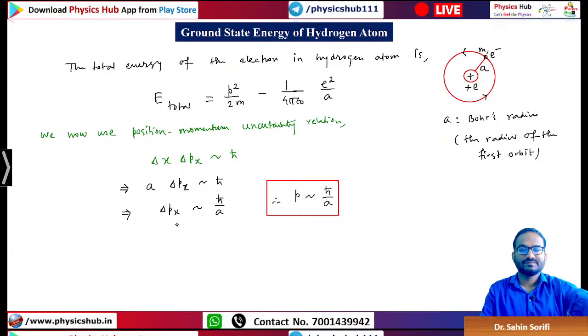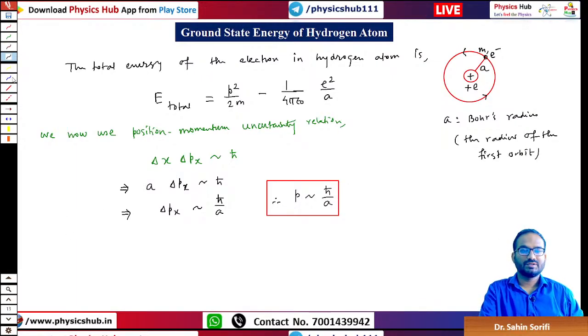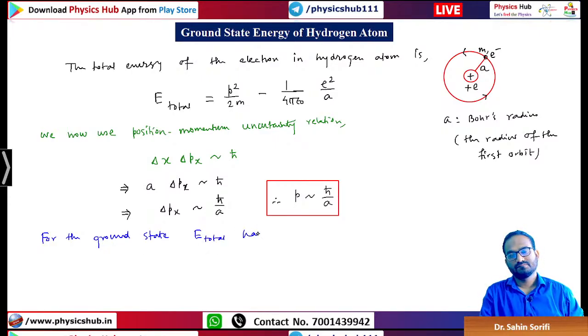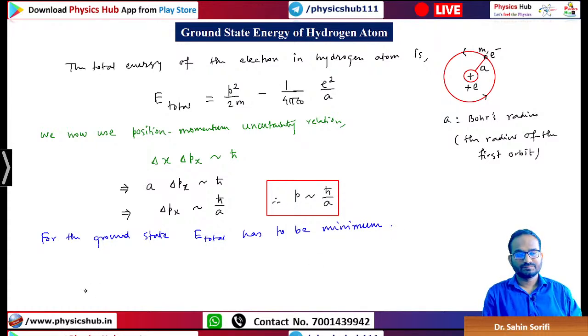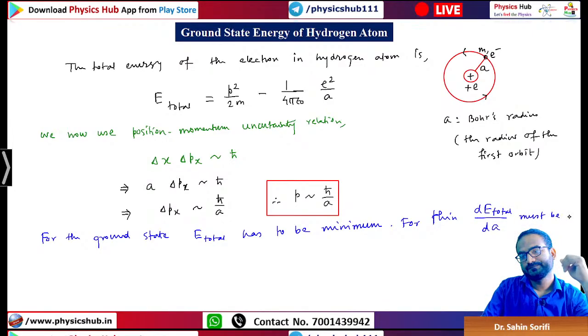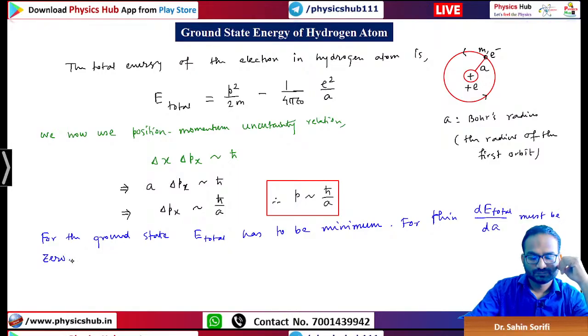So let's plug this into the expression of energy for the ground state. E total has to be minimum. So if you want to make E total minimum, then dE total by dA must be 0, right?